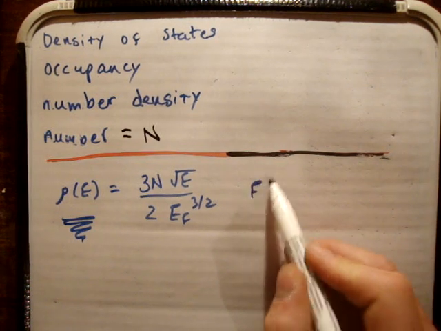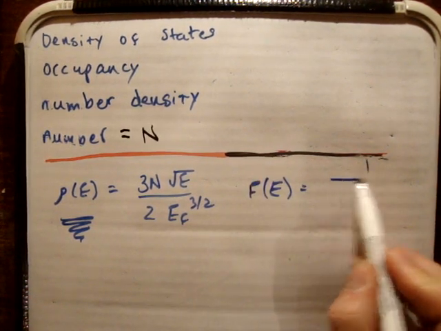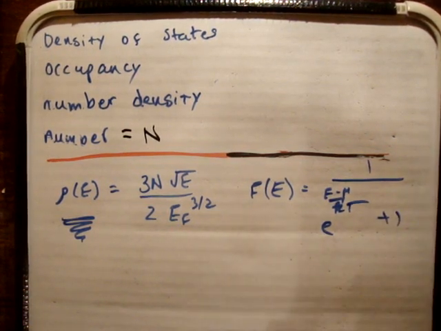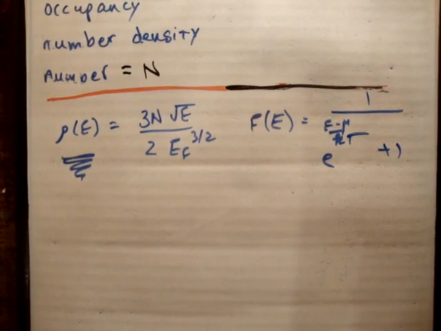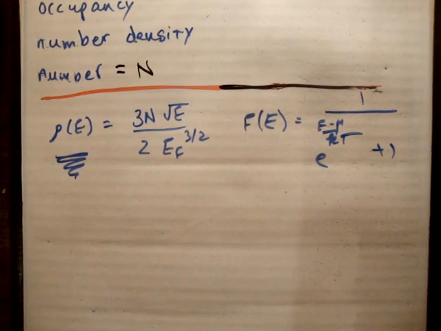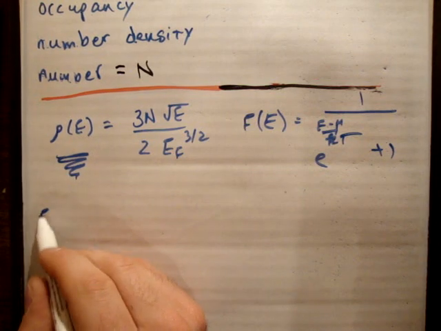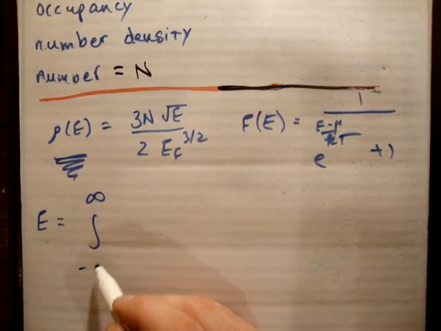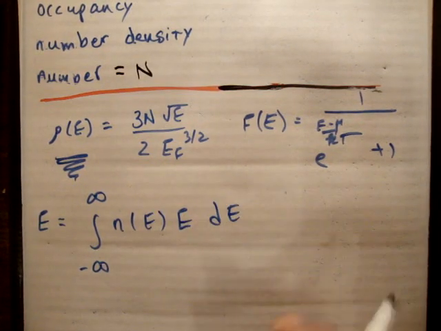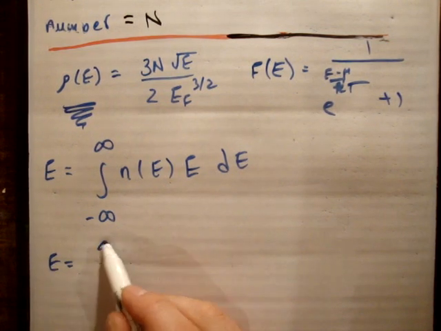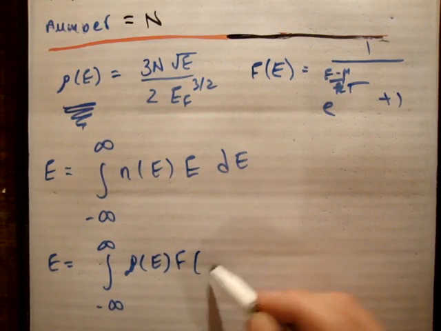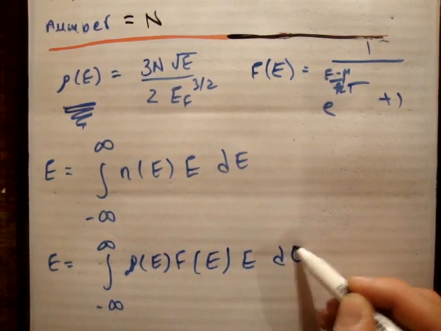Then what's the occupancy? If we're talking about electrons, we're going to use the Fermi-Dirac statistics: 1 over e to the (E minus mu) over kT plus 1. So how do I find out the total energy in my system corresponding to all my electrons? How much energy are my electrons adding to my system? E is equal to the integral from negative to positive infinity of n of E times E dE, which is equal to the integral of rho of E times f of E times E dE.